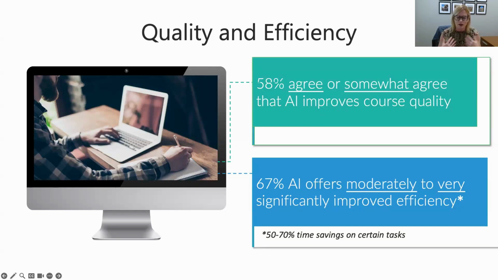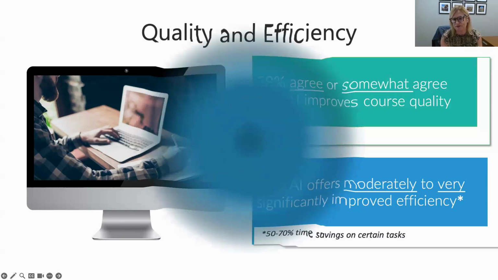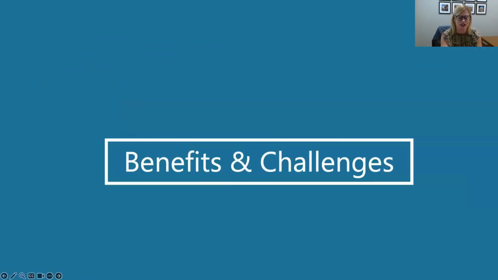And as Tom knows, and a lot of you who've attended these webinars, this goes back to a couple of the members of our core AI group, but 50 to 70% time savings on certain tasks. And that reflects and supports information put out by Ethan Mollick and I think Philippa Hardman and some of the other AI thought leaders. And that's huge with the efficiency.